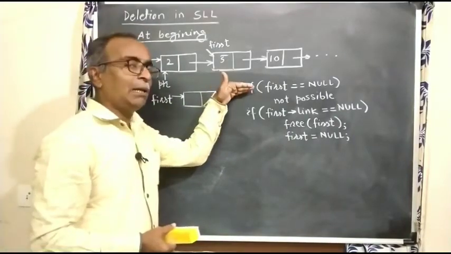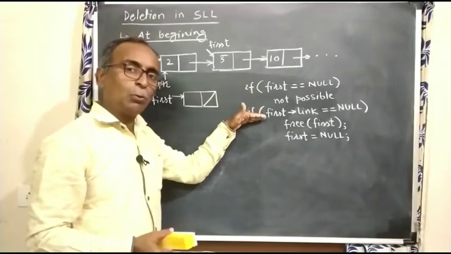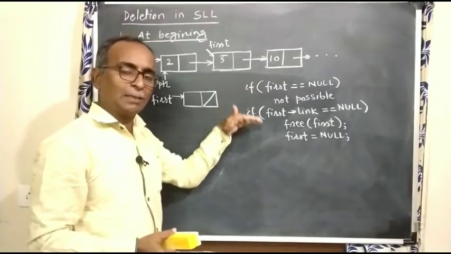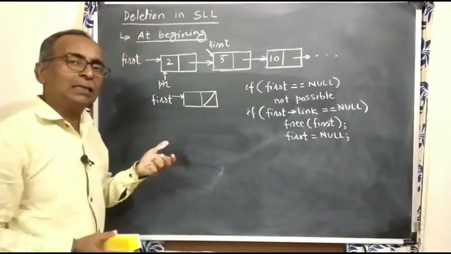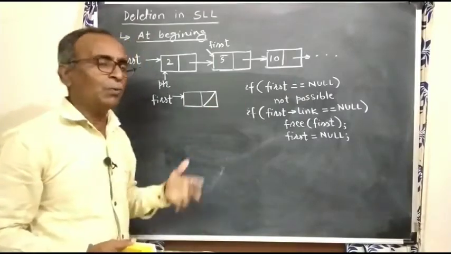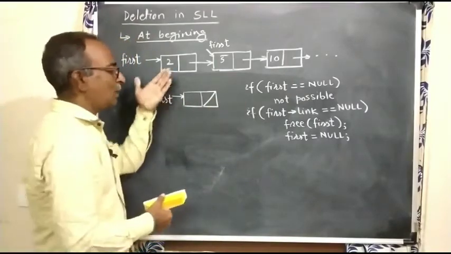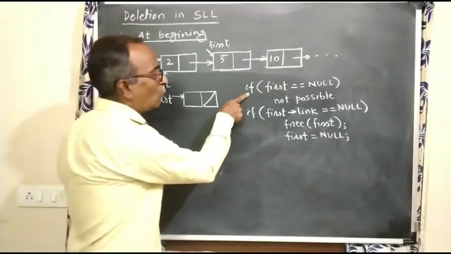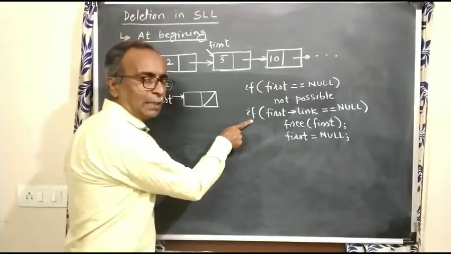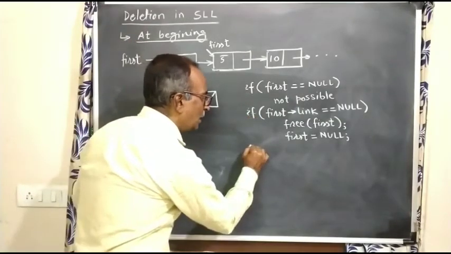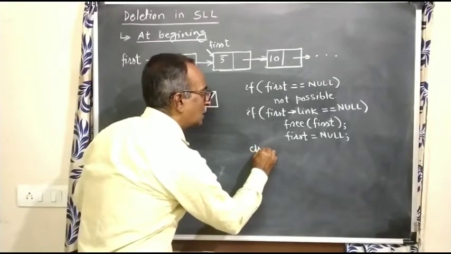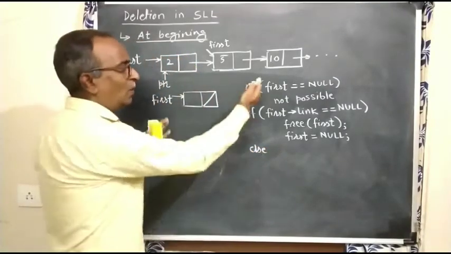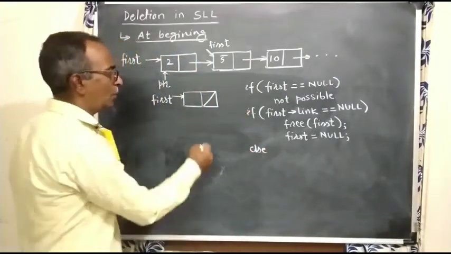Now we have checked the empty list, and we have checked the one node condition. These form the special cases. Now if the linked list has more than one node, it is the same link adjustment. If this is not the case, else, you can write all these in else if also, no problem.